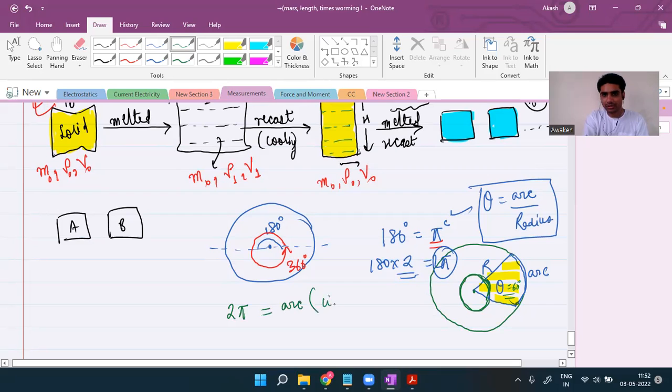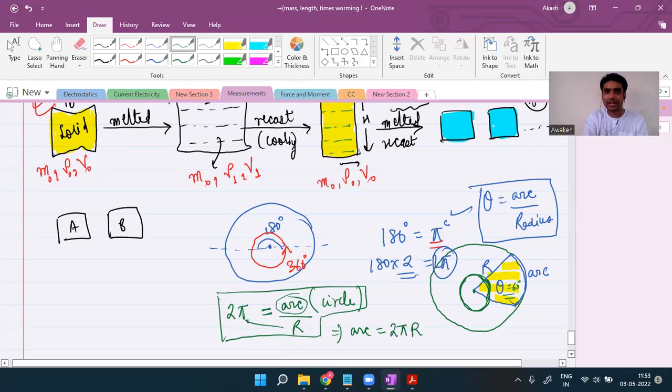In this case it is a full circle. Focus here: 2 pi is arc upon r. What is this arc now? The arc is the circumference, that is 2 pi r. From the formula, you send r here and you get 2 pi. This is what I wanted to show you.